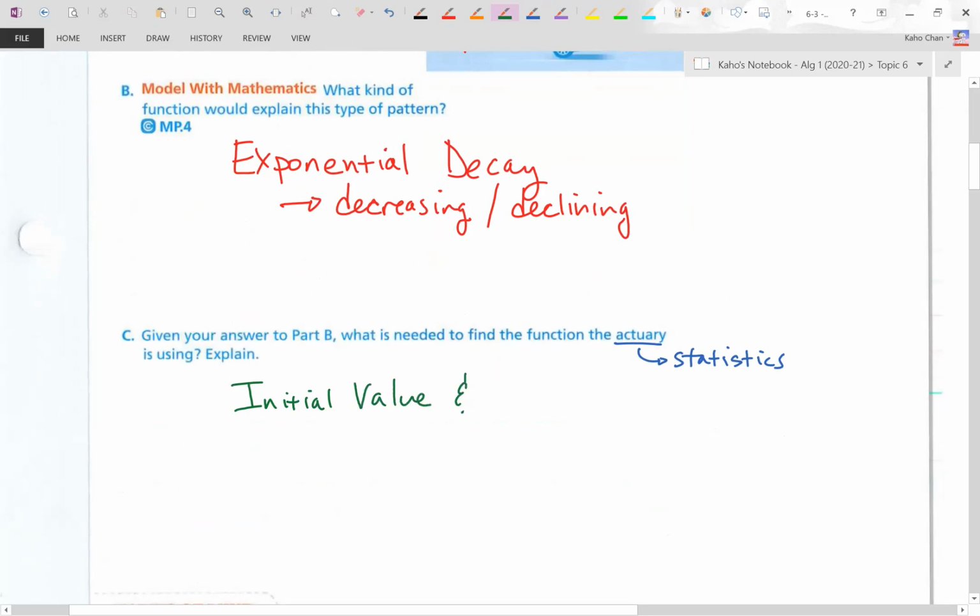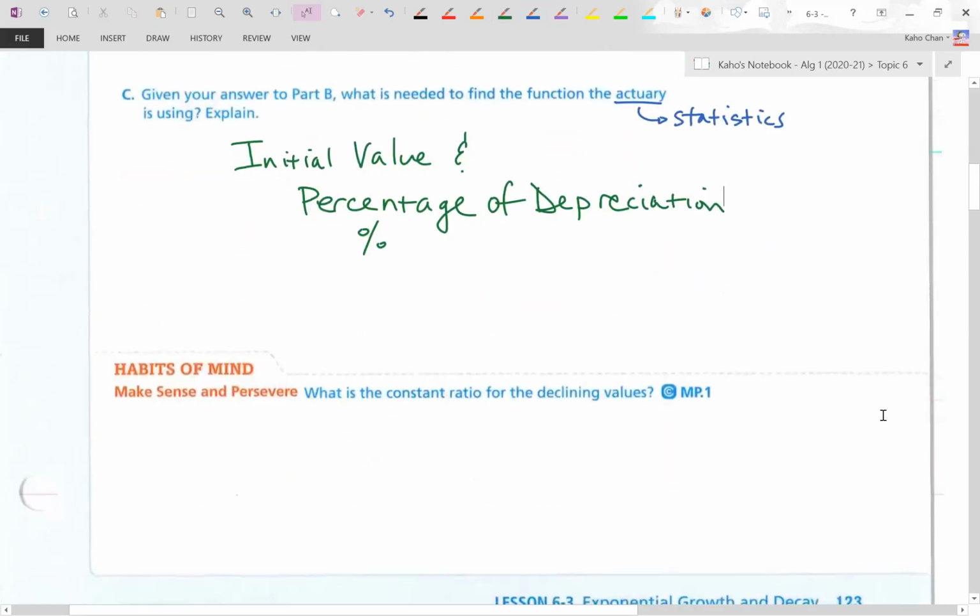And even though it's nonlinear, it goes down by a certain percentage. That's what's happening each year. It's called the percentage of depreciation. What is the constant ratio for the declining value? Now, constant ratio is referring to how it is affected by this number.